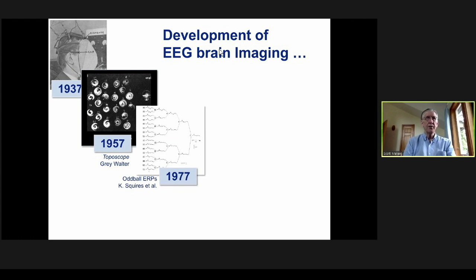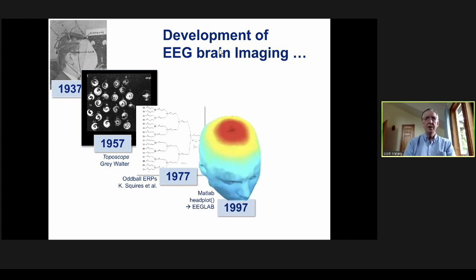Here is the era of cognitive ERPs, where the focus returned to single scalp channel analysis. By '97, we had begun building the software for EEGLAB, making use of MATLAB and advances in computer speed. Now you could actually make movies of the scalp map and then study its dynamics.